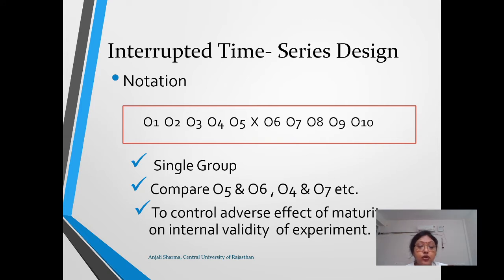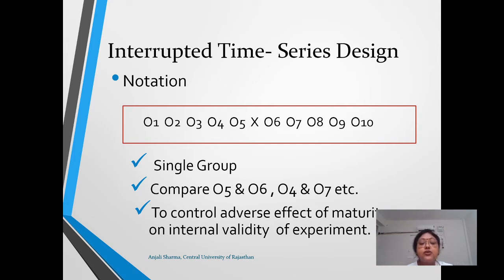It is a single group design. The researcher will administer the test once, and then repeat it after certain time, then a third, fourth and fifth time, and after that the intervention takes place, and again the testing takes place after the intervention, at the same time intervals as we followed before the intervention.